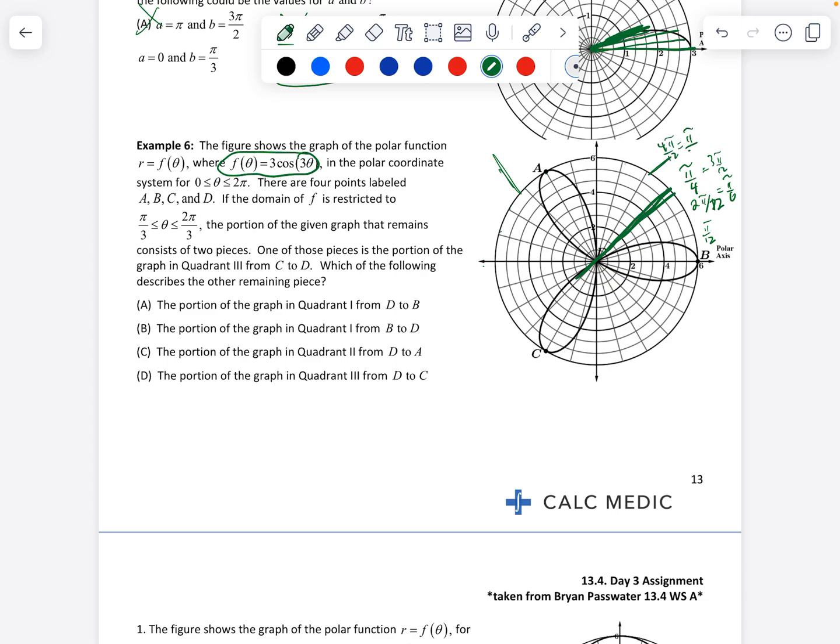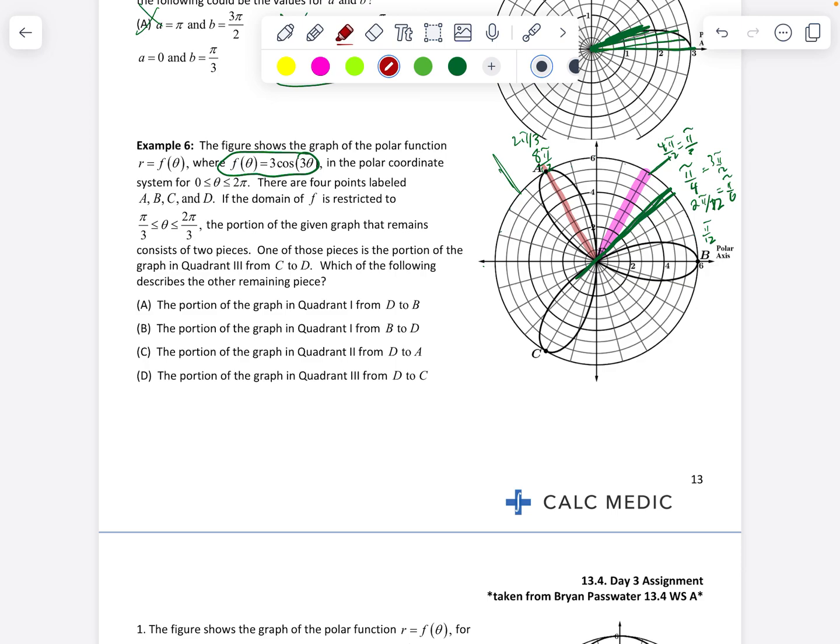So this is pi over 3. So I'm going to darken in, I'm going to highlight that. So 5 pi, 6 pi, 7 pi, 8 pi over 12, which is 2 pi over 3. So it's in between these.